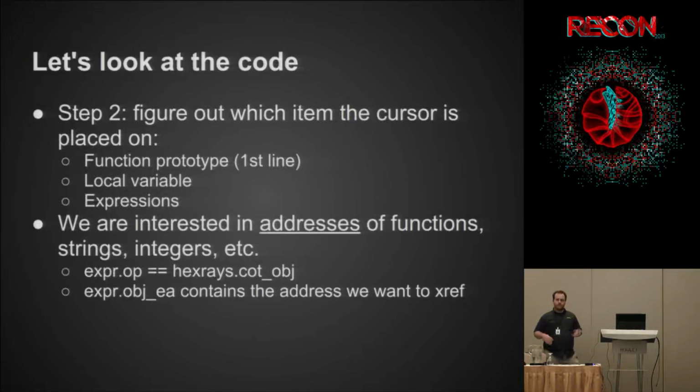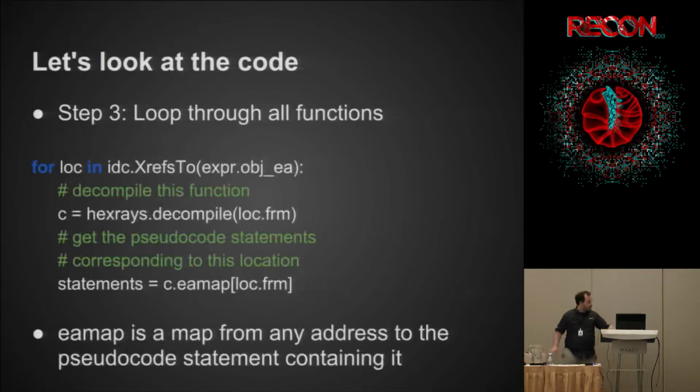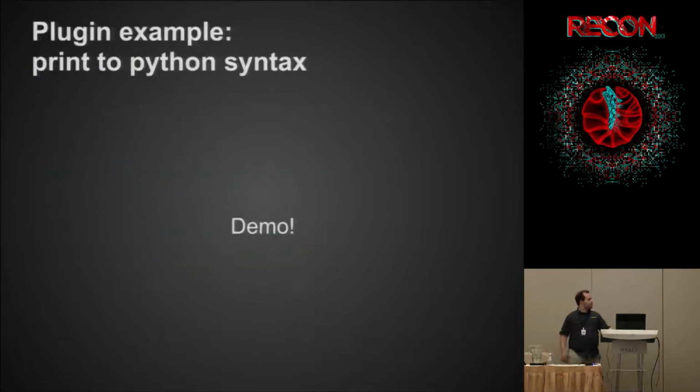So whenever we have that, we get the xrefs for those and decompile the function, and then we get the statements that address end up in. So the EA map is a translation between the address and the statements that it gets combined in.